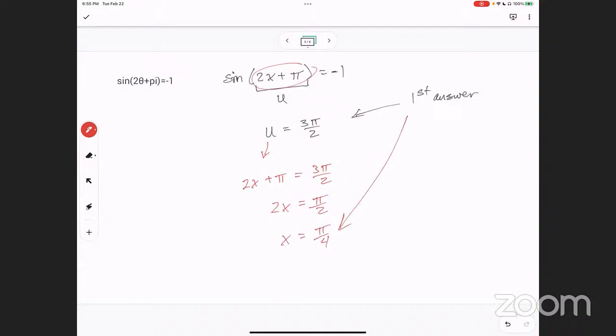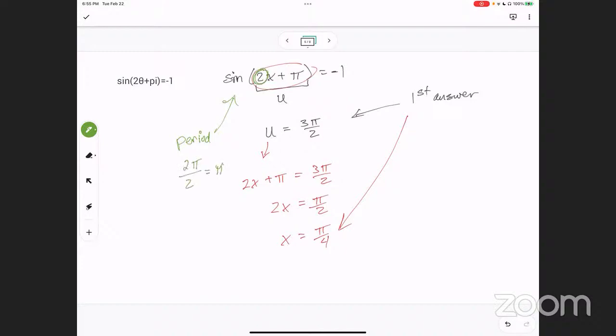Now let's go back up here and talk about the period. What's the period of this function? 2 pi. No, the period is normally 2 pi, but what happens when you've got this b here? Oh, would it just be pi? It's 2 pi over b, which is pi.